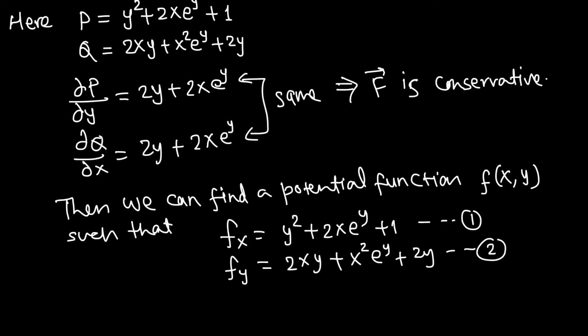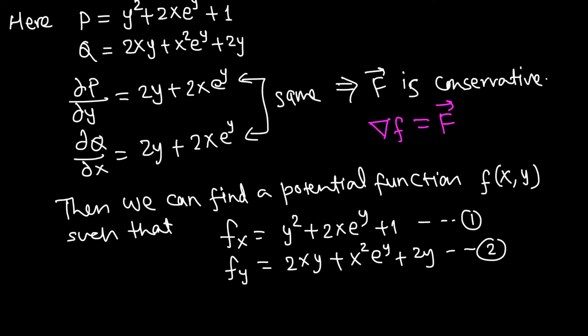Now forget about the two partial derivatives from before. They were needed just to check if the force field is conservative. Now you work on this. F is conservative means we can find a new function, little f, whose gradient is F.